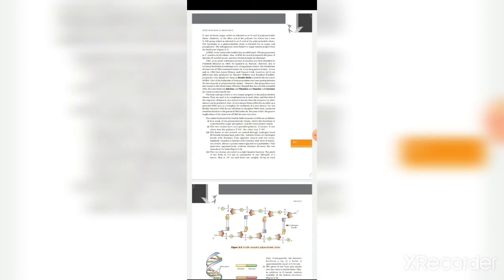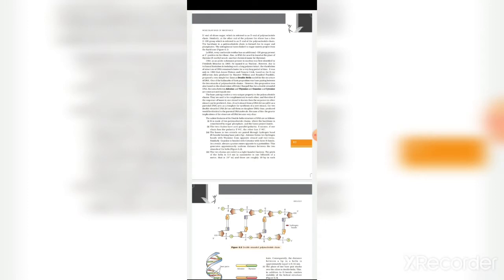DNA is made up of two such chains, arranged in an anti-parallel manner. That is, if one is straight, the other is upside down. One chain will have polarity 5 dash to 3 dash, and the other will have the polarity 3 dash to 5 dash.